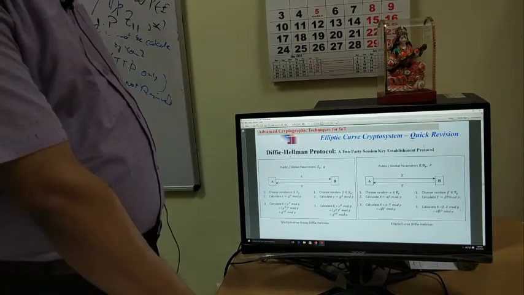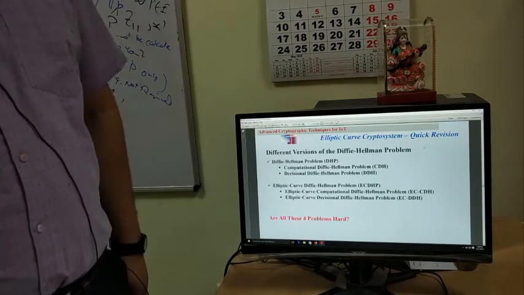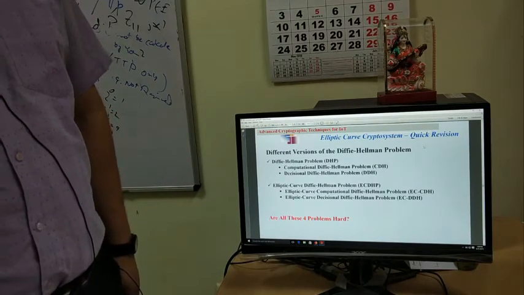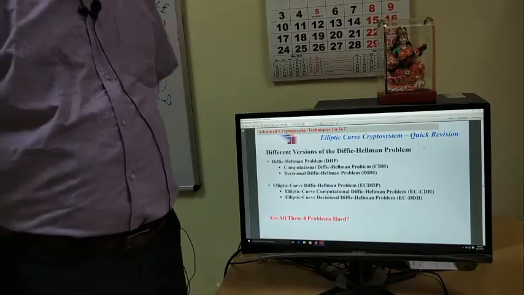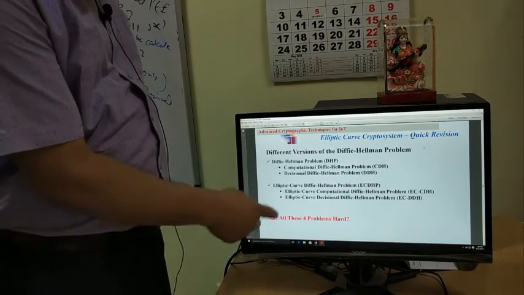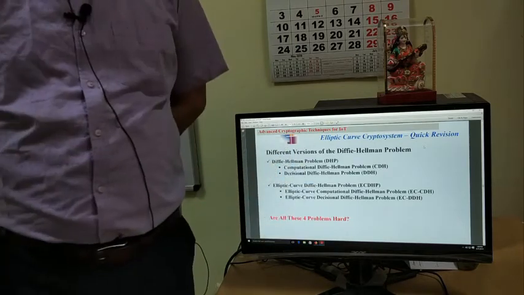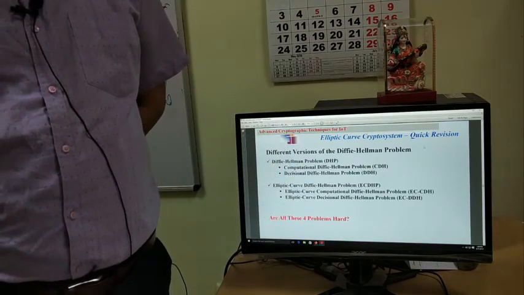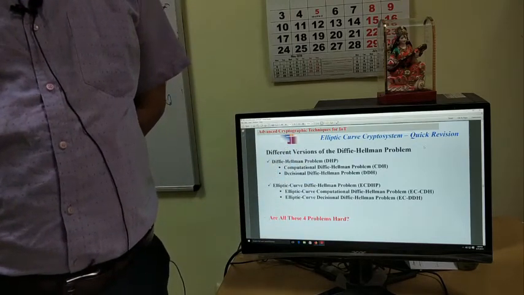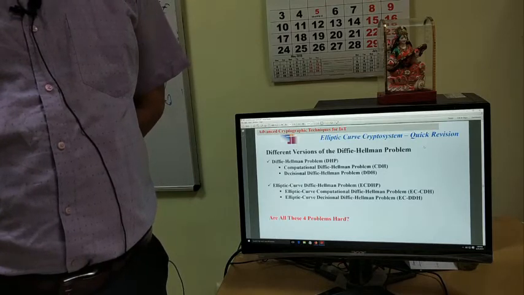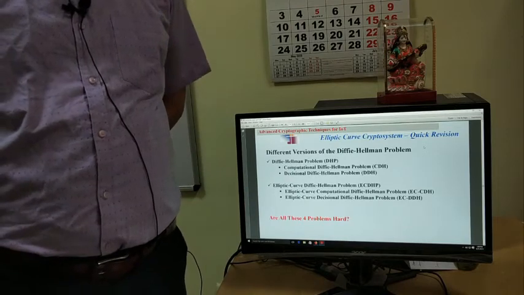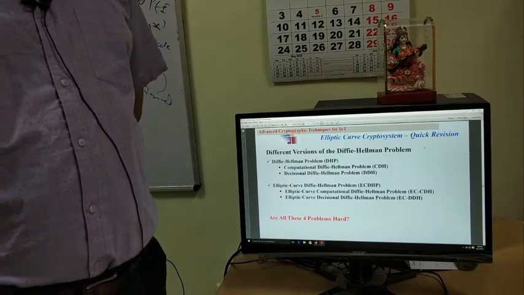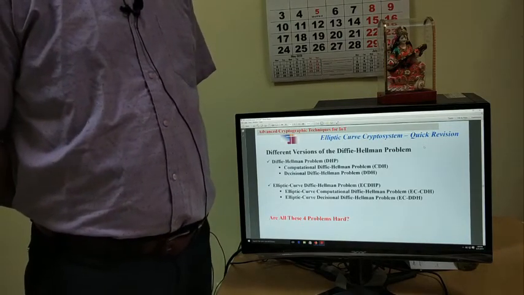Now, so far, anybody has not invented any polynomial time algorithm to solve any of these 4 problems. That's why the 4 problems are known to be hard problems. Normally, we'll see, there is a question mark, that in special cases whether some of the problems are really hard or not, that we'll see.